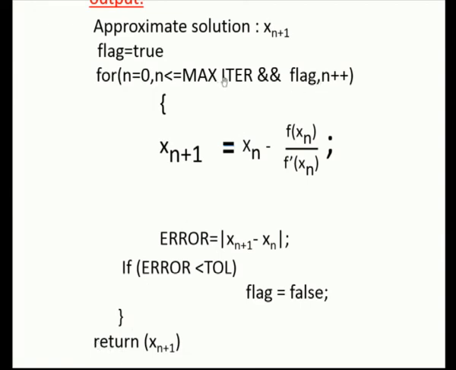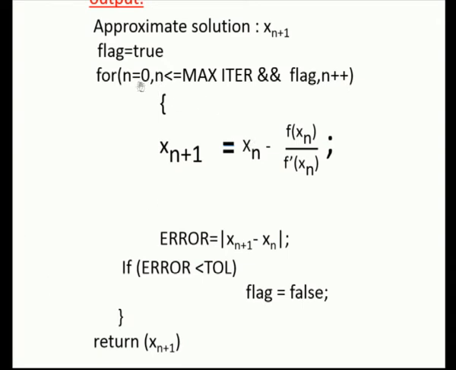And when will this have a false value? Either n is greater than max iter, or the flag becomes false. So, if any one of these things happens, the combined logical expression will have a false value.